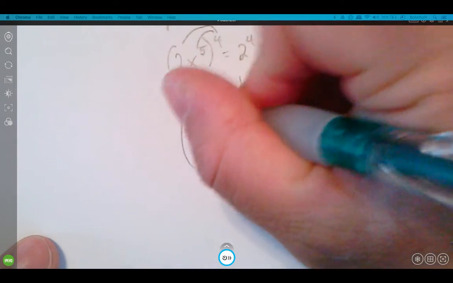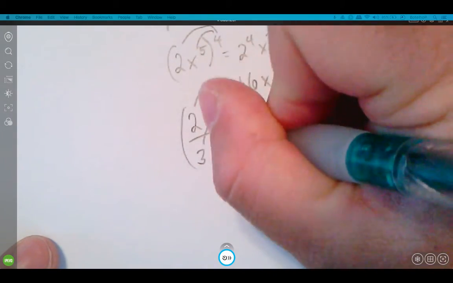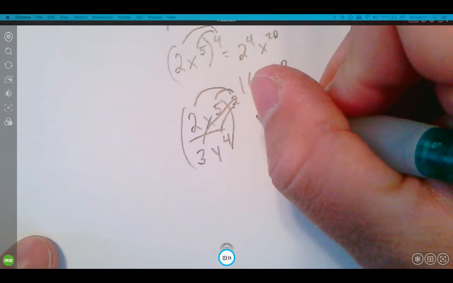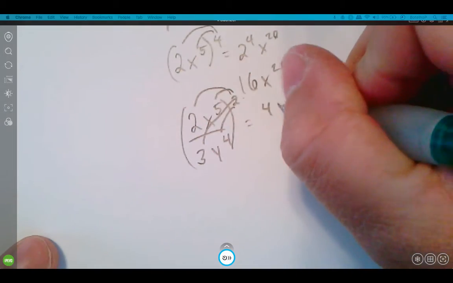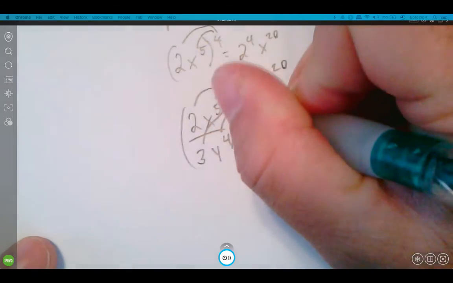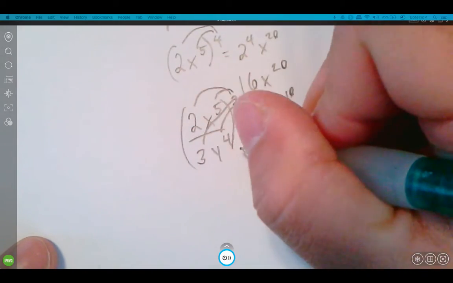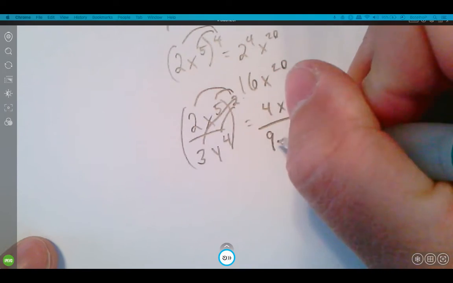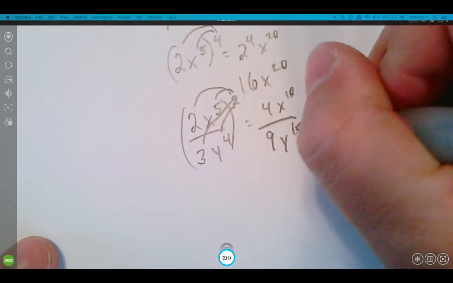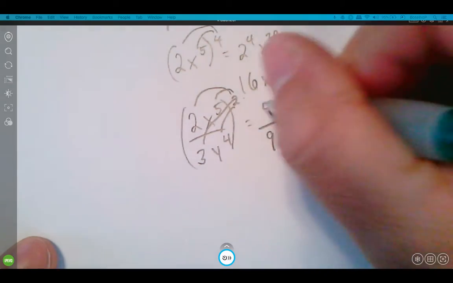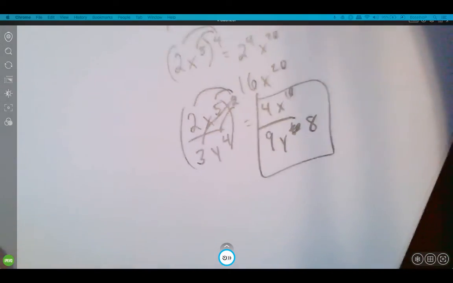Okay, everything on the inside gets that power. So 2 to the second is 4, and you multiply the exponents, you get x to the 10th. 3 to the second is 9. y to the 2 times 4, sorry, 8. That was to simplify like that.